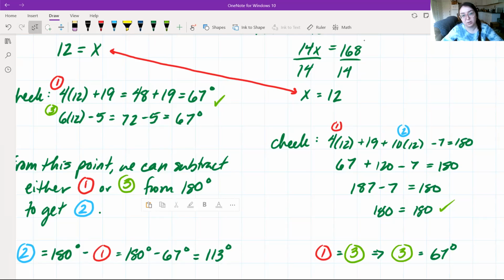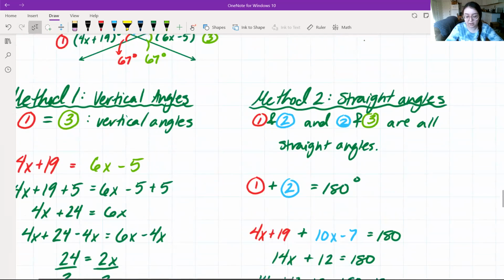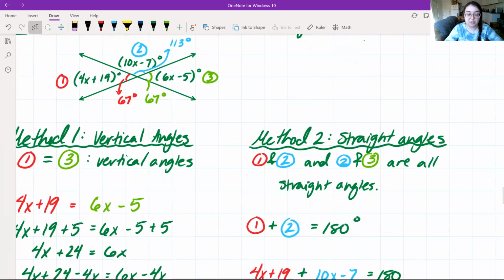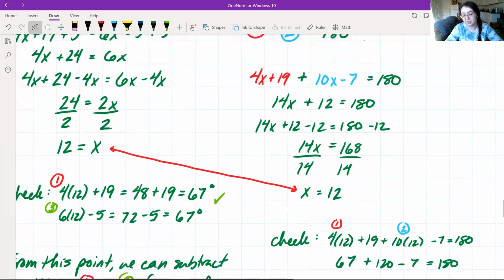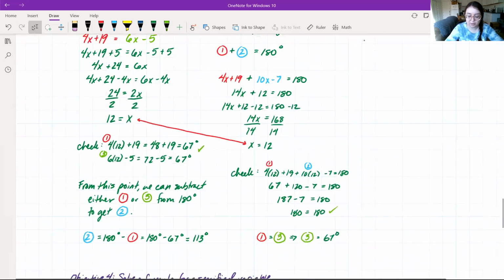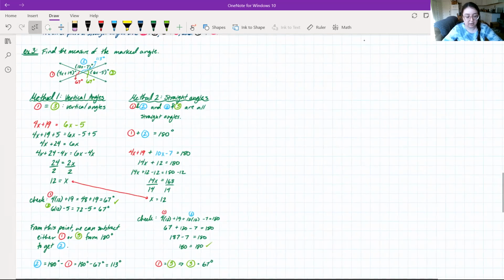Or we could also, once again, subtract what we know to be angle 2 from 180. So we could subtract 113 minus 80, which would give us 67, which would give us our angle 3. So these would be two separate methods you could choose from when calculating angles.